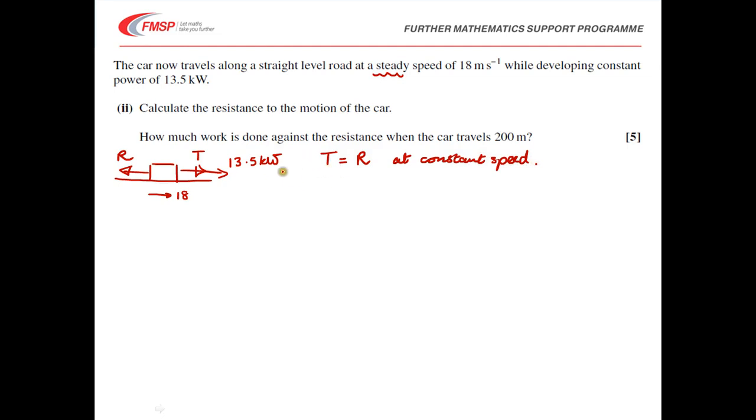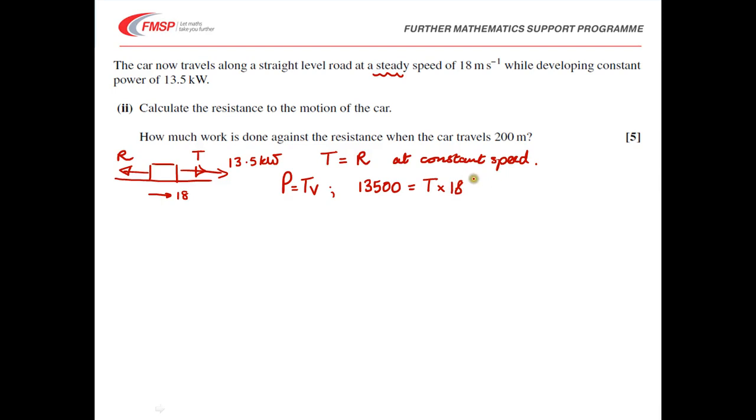We can also get a relationship between the power and the tractive force and the velocity. We know that power is tractive force times velocity, so substitute into there. Remember again, standard units are watts for power, so 13,500 equal to our tractive force times 18 metres per second.